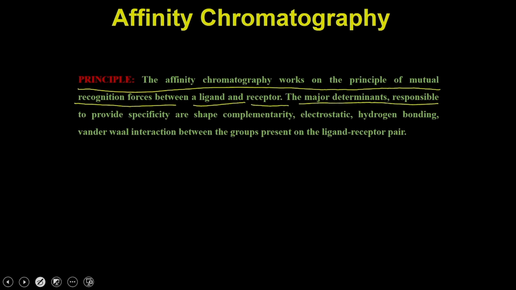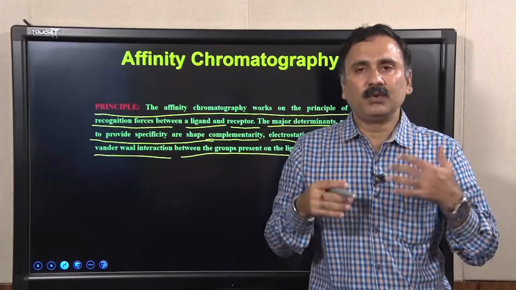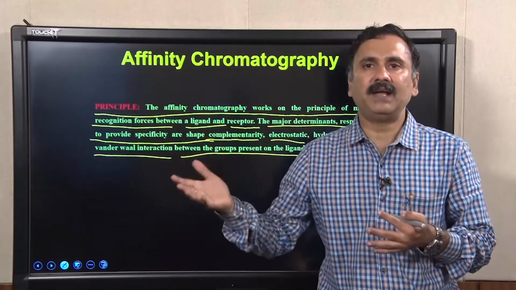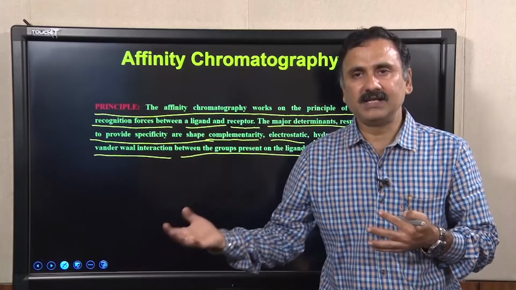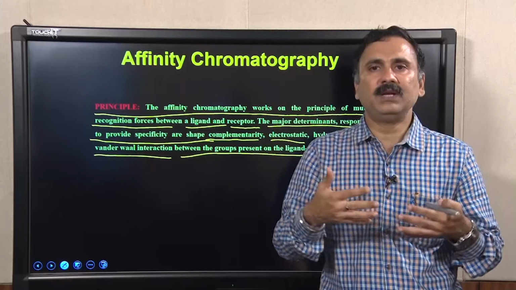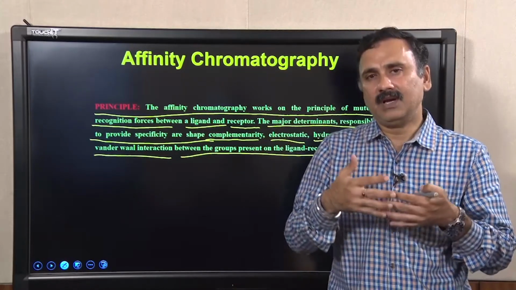The major determinants responsible for the specificity are shape complementarity, electrostatic interactions, hydrogen bonding, and van der Waals interactions between the groups present on the ligand and receptor pair. You can imagine that we have a receptor, and every receptor has its own cognate ligand. Both the receptor and the ligand are recognized with the help of different types of interactions.